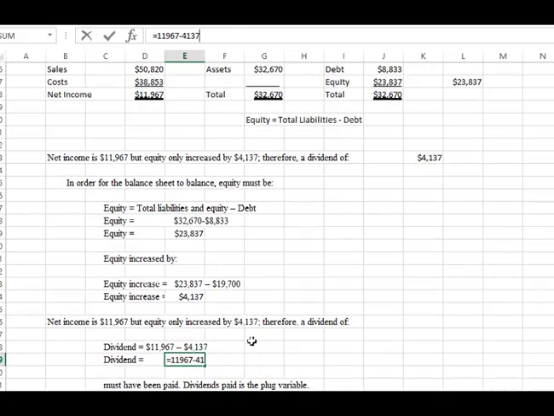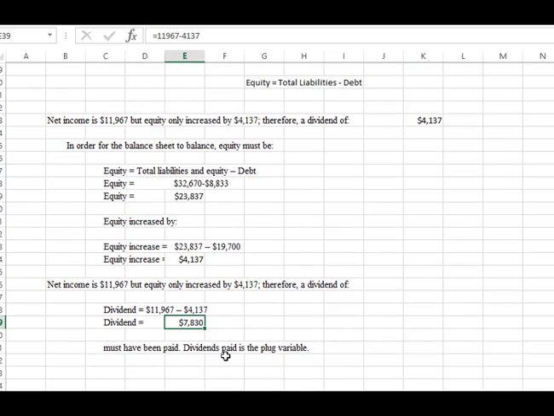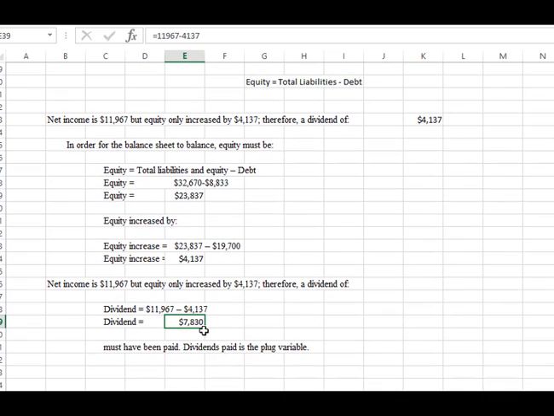If you want to see what that looks like, I just subtracted it. 11,967 minus the 4,137 number gives us $7,830. So let me read this again. Net income is 11,967, but equity only increased by 4,137. Therefore, a dividend of $7,830 must have been paid. Dividends paid is the plug variable, and that's what we're looking for.